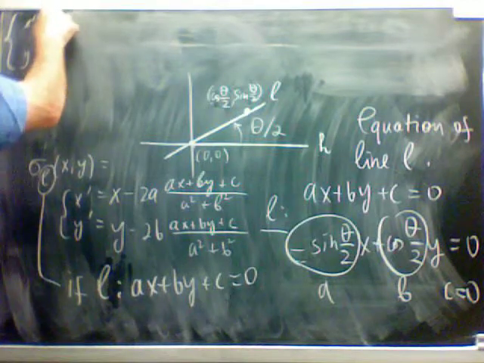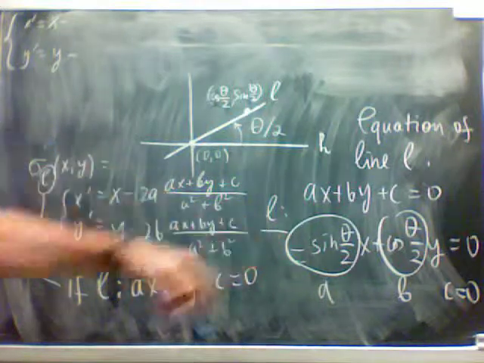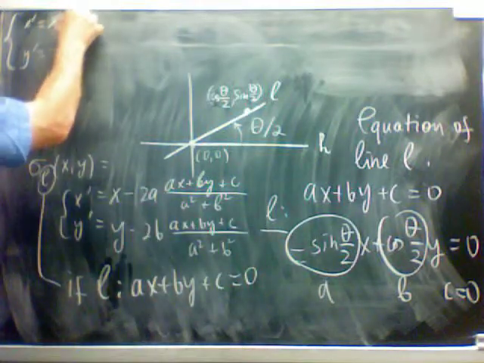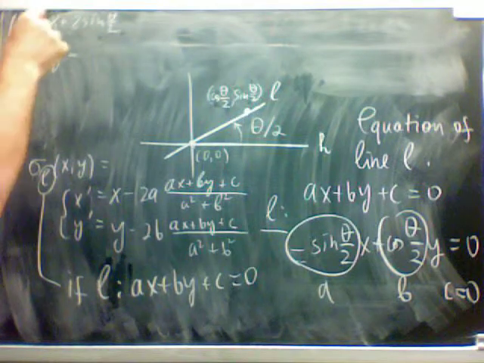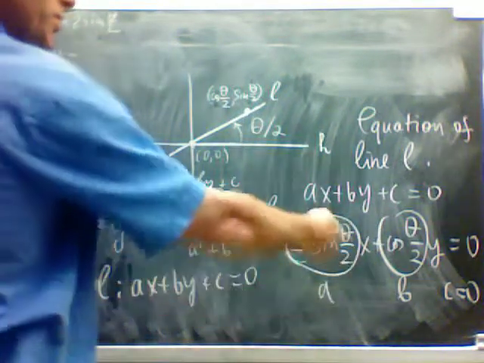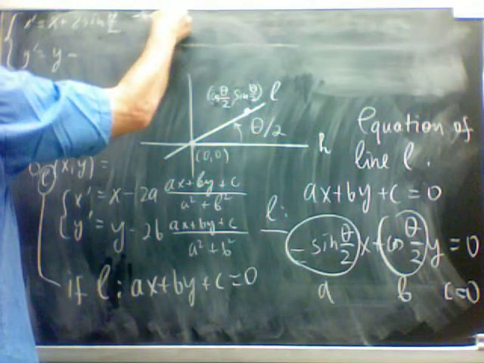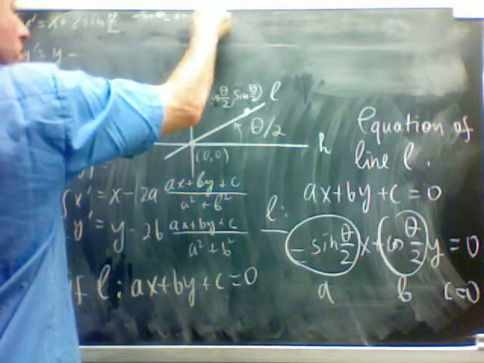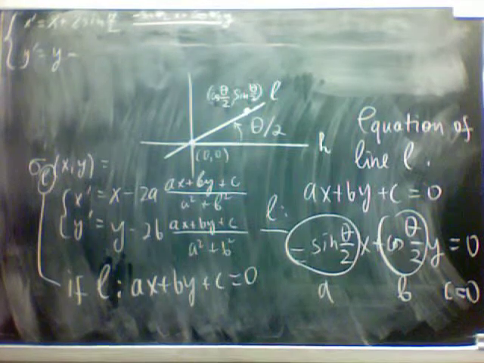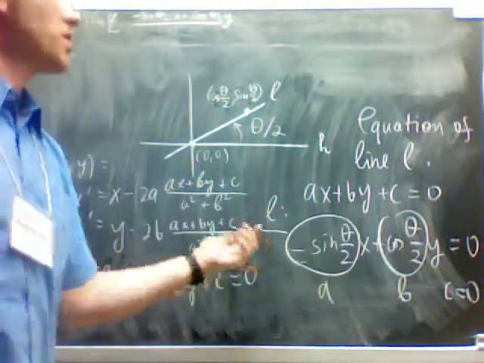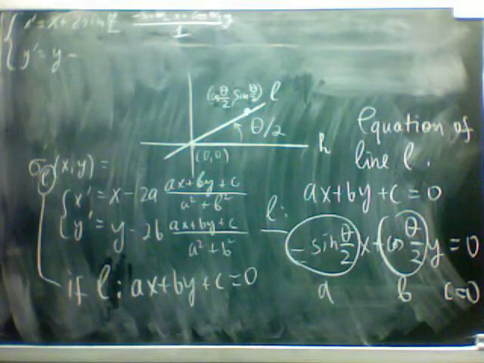So we have x minus 2 times a, so we have plus 2 sine theta over 2 times ax plus by plus c, so we just repeat this equation, minus sine theta over 2 x plus cosine theta over 2 y, divided by a squared plus b squared. So a squared plus b squared is of course what? Correct, 1.